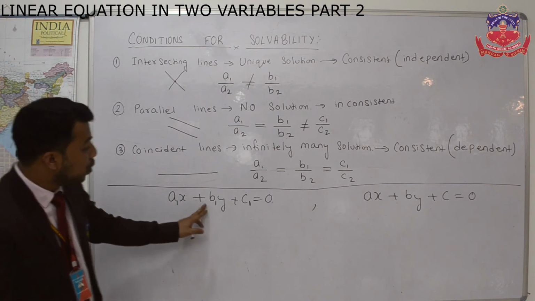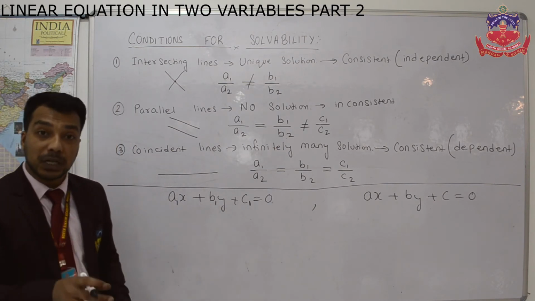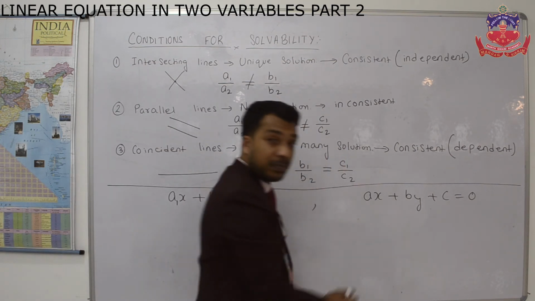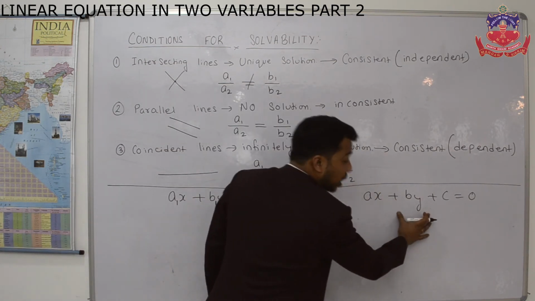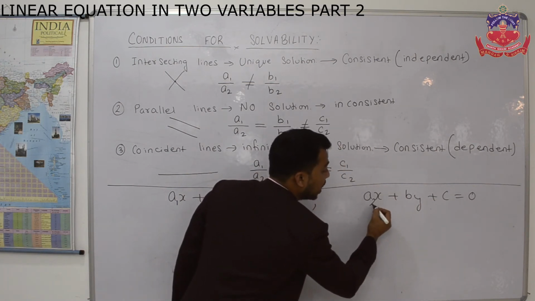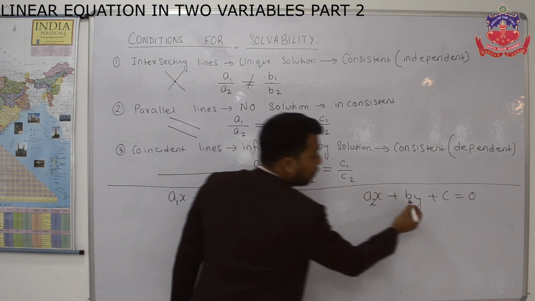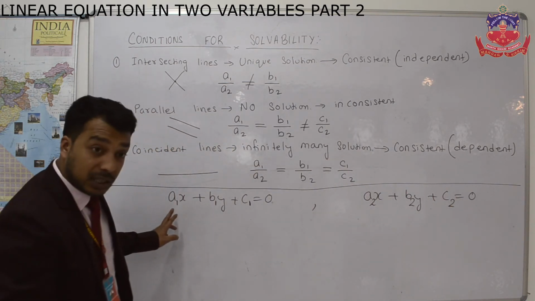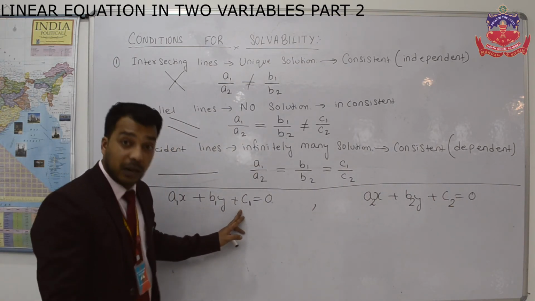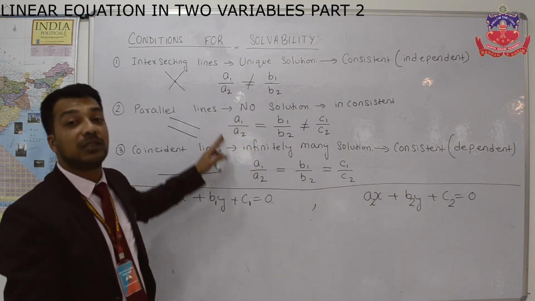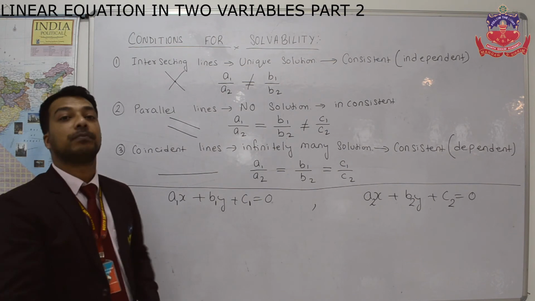So A1, B1 and C1 are the numbers involved in your first equation. Now we talk about the second equation. The numbers involved in the second equation are given the number of the equation itself, that is A2, B2 and C2. You use the same A1, B1, C1 and A2, B2, C2 to make the formulas for these three. I hope it is clear.